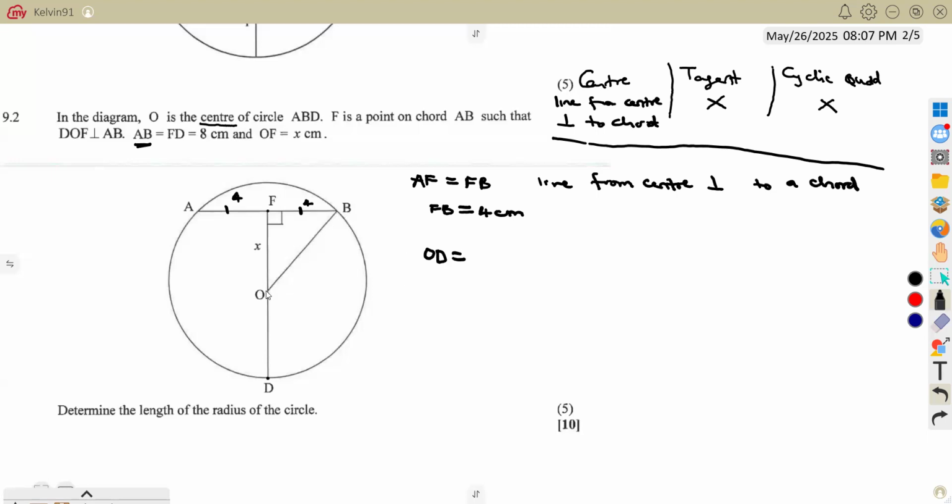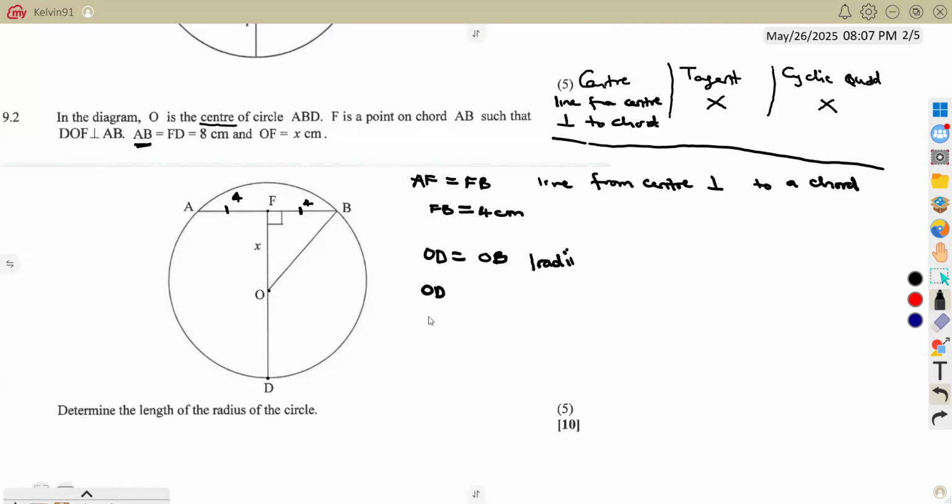OB. Any line from the center to the circumference is a radius. OD is equal to OB, the reason being they are both radii. So, from what we have, we can calculate OD.